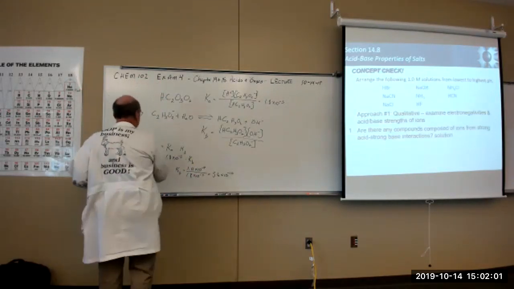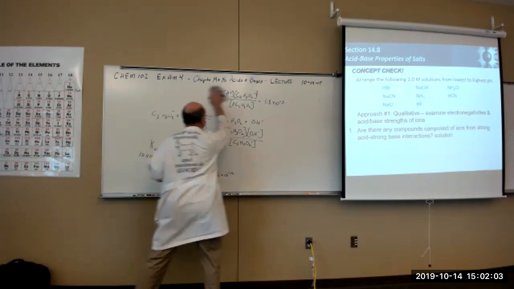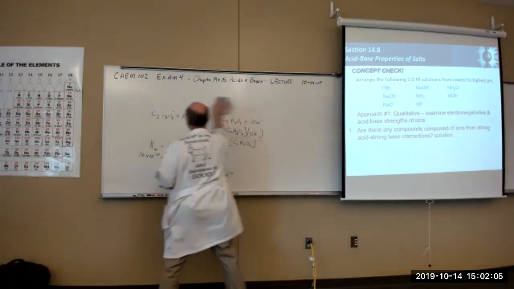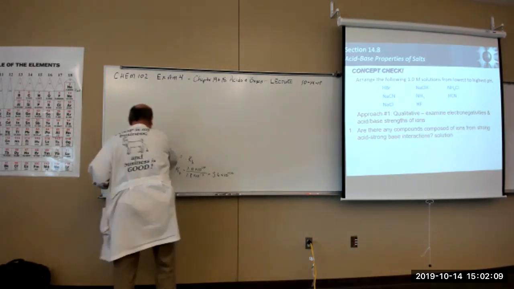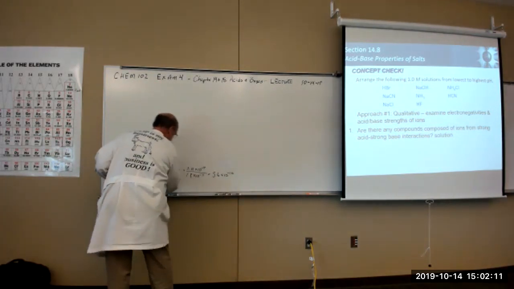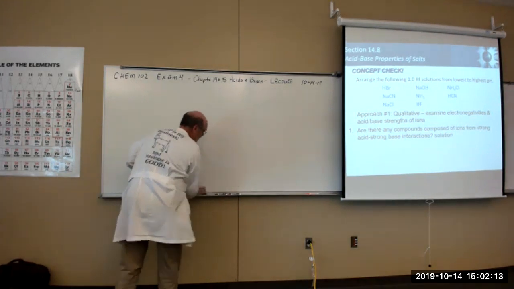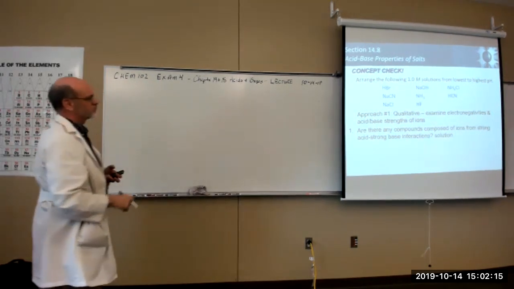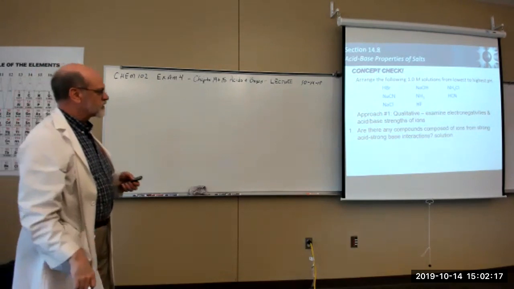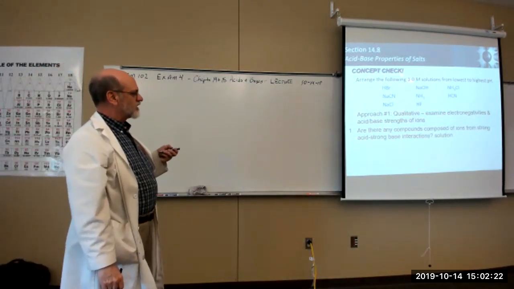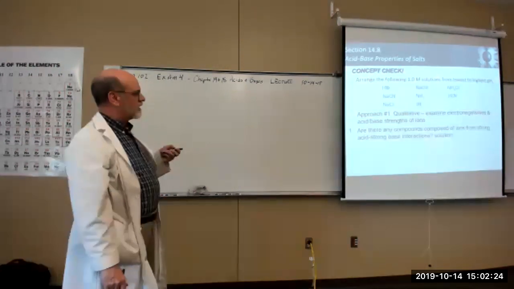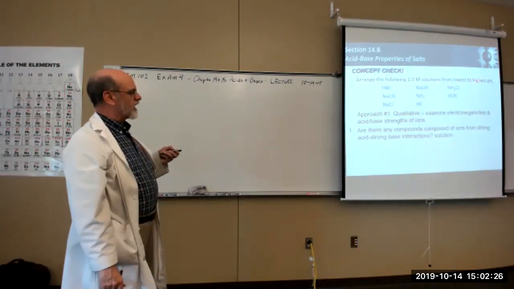Okay, now here's a problem for you. Given these different species, one molar solutions of each, arrange them in order of lowest to highest pH.